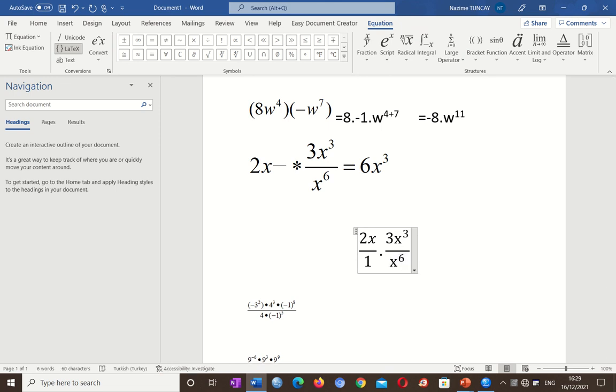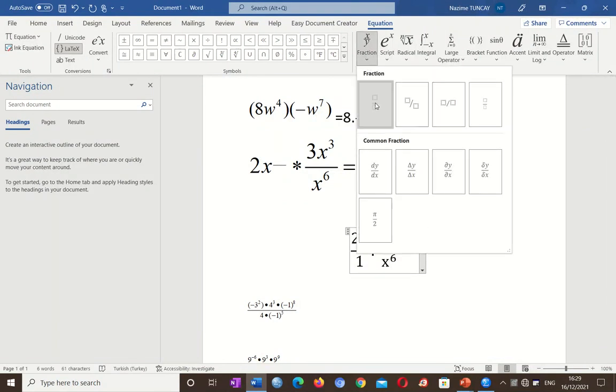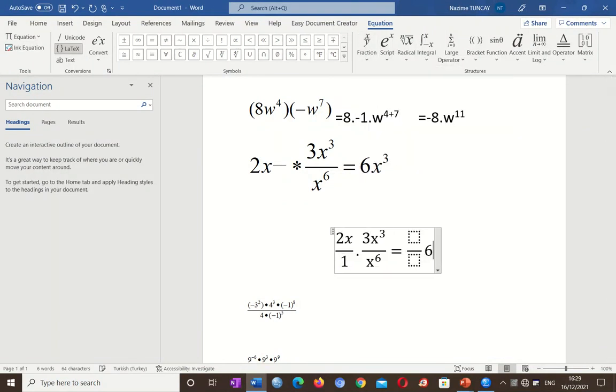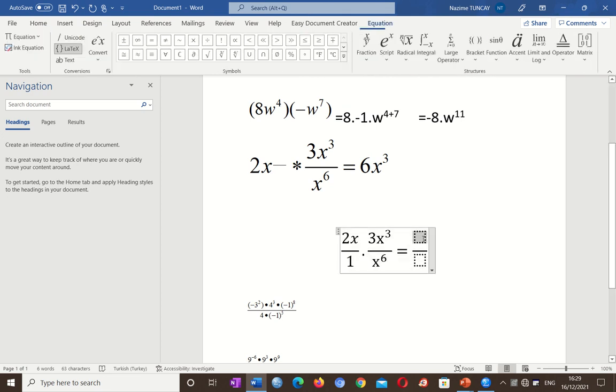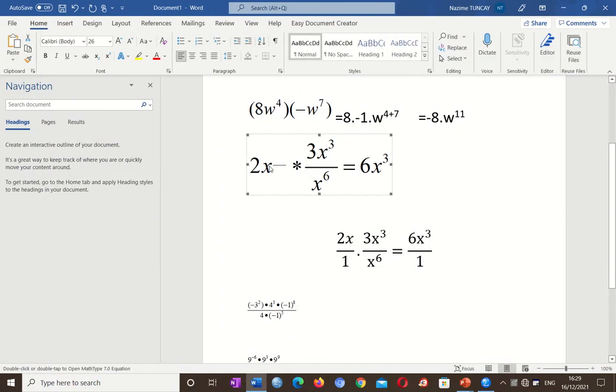And that's equal to, I can write this as a fraction also, 6x to the power 3 over 1. If you don't see anything, I can write it as over 1 here. So here, this is 2x multiplied by 3x to the power 3.